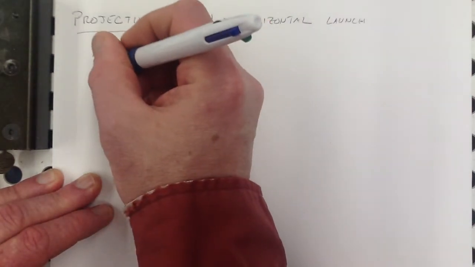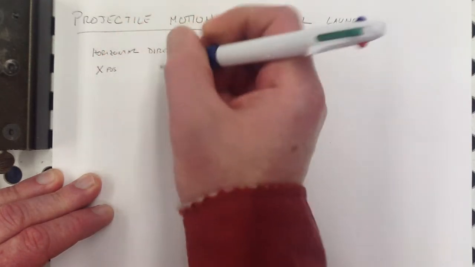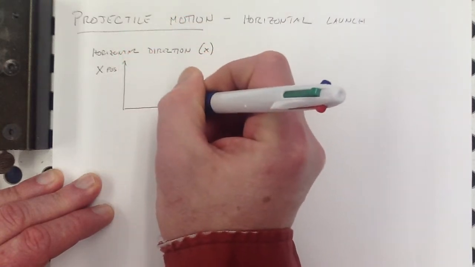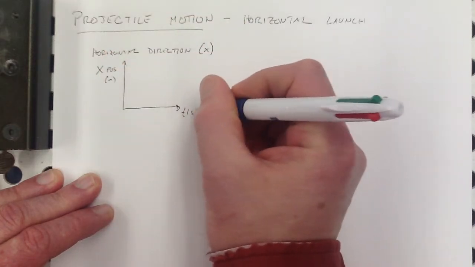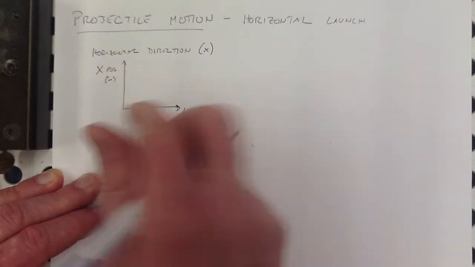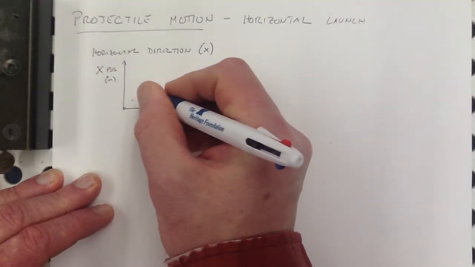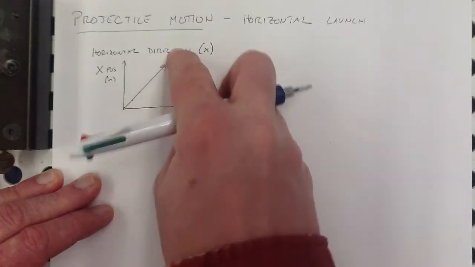How about if I call that x position, just to be very clear, which you probably measured in meters versus time in seconds. The horizontal position looks something like this. You got some points going like this. It was a straight line.